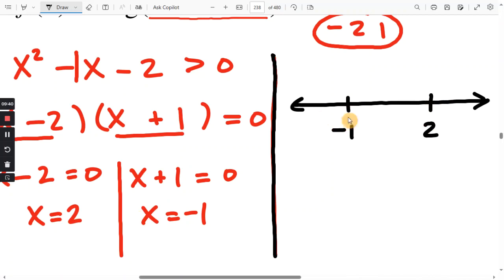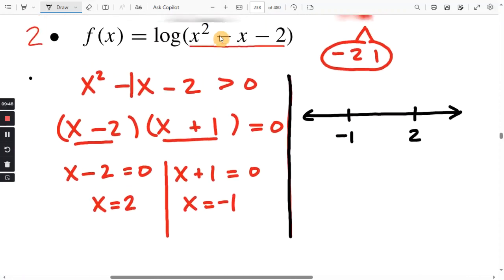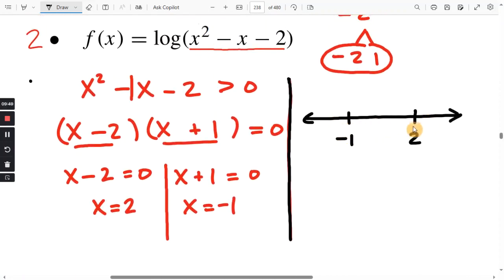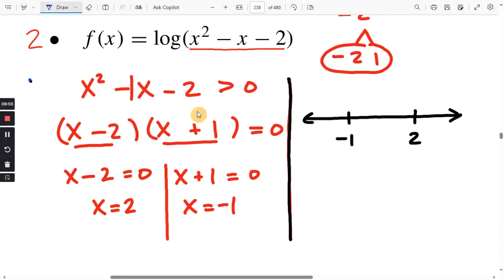The smaller numbers are always to the left. What we want to do here is plug in numbers that are in between the zeros. You want to pick an easy number. So to the left of negative 1, let's try x equals negative 2.